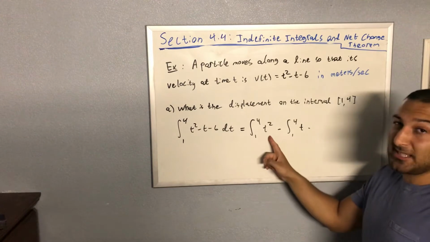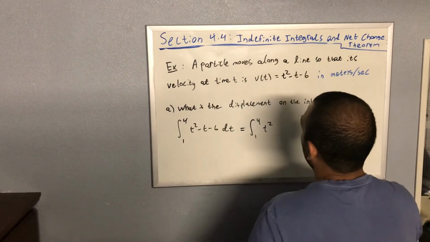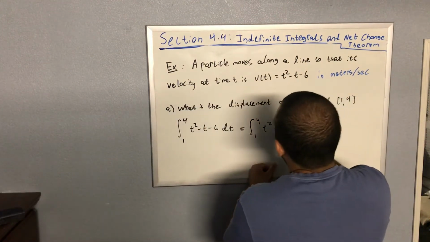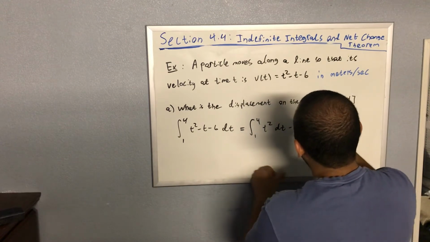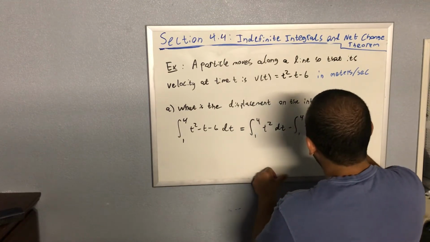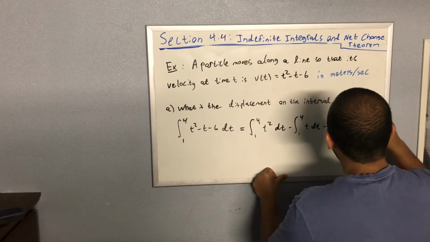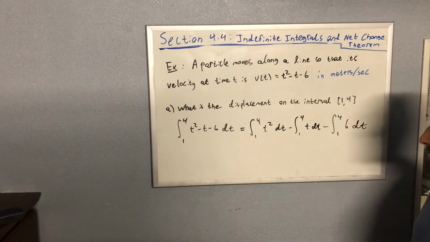I forgot to write dt here, so we want to not get into a bad habit. I wish you guys could yell at me in real time, but I'll have to yell at myself at this point. This just follows simply by the properties of the integral that we talked about.